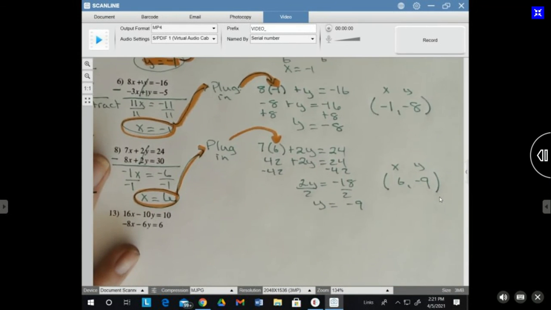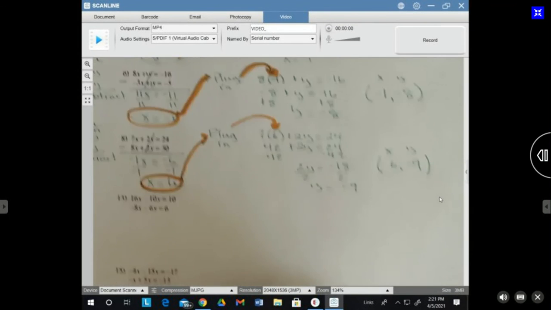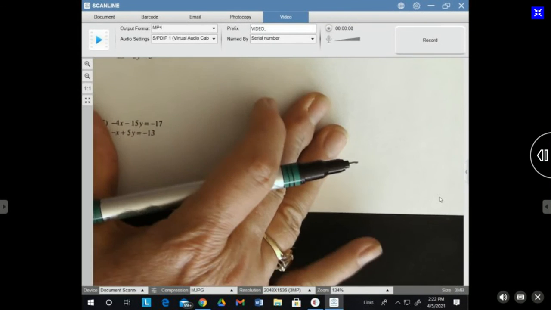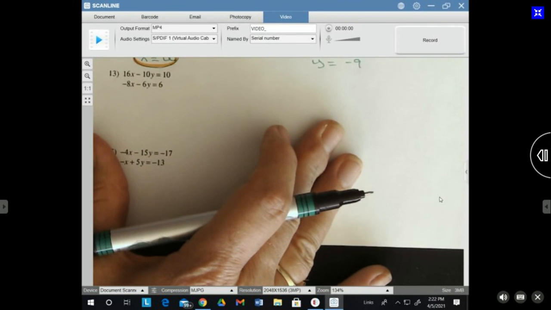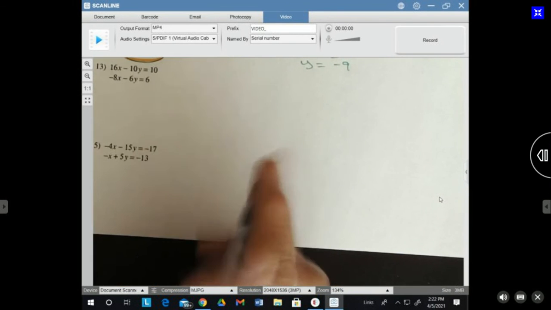All right. What's the problem with the next problem? Does anybody have the same coefficient? What are we going to do to create the same coefficient? What can we multiply by what? 2.